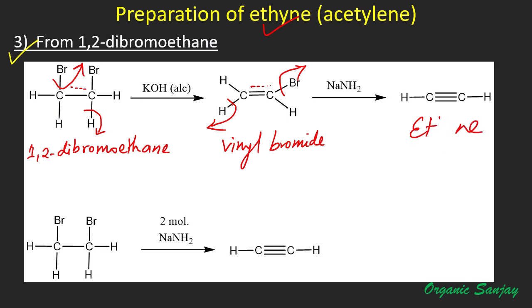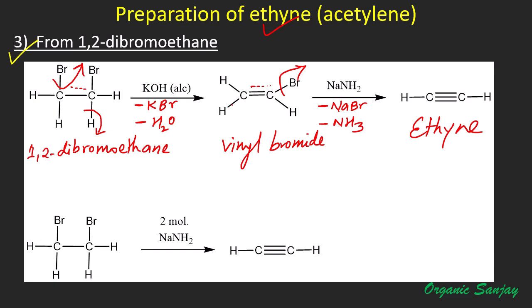Here I have not shown the byproduct in each step, so let me write the byproducts. In the first step, the byproducts will be minus KBr and H2O. In the second step, the byproducts will be minus NaBr, and then NH3 will be obtained as a byproduct.